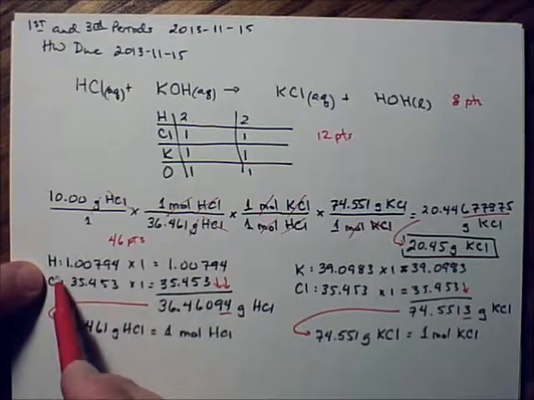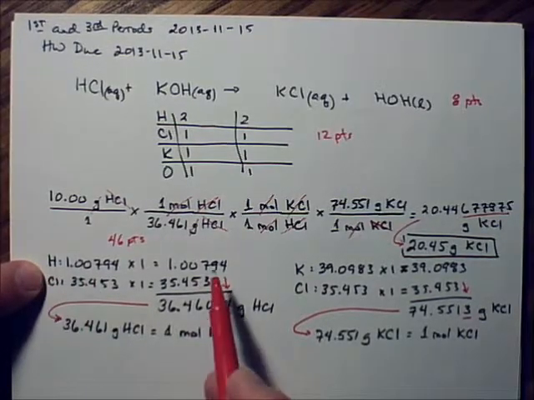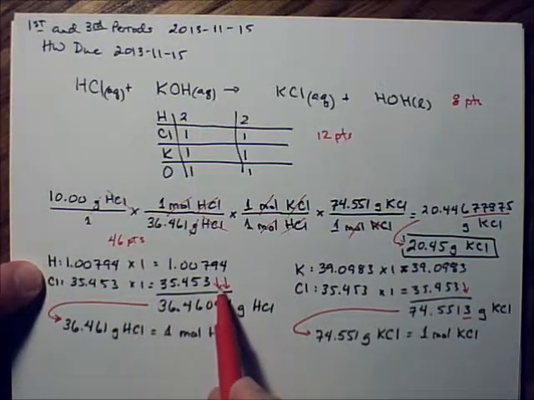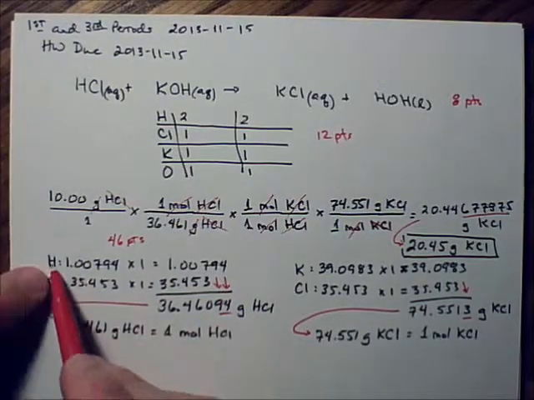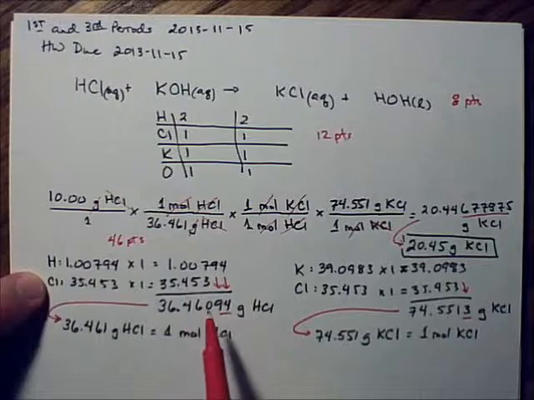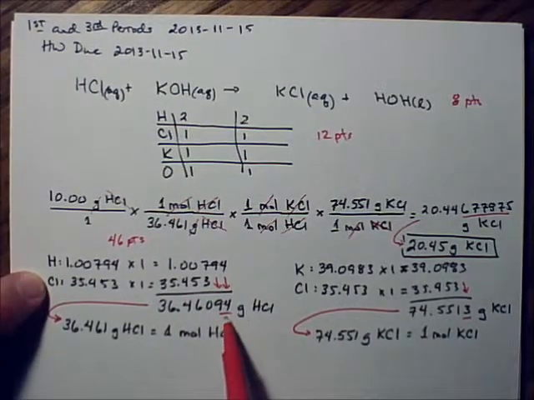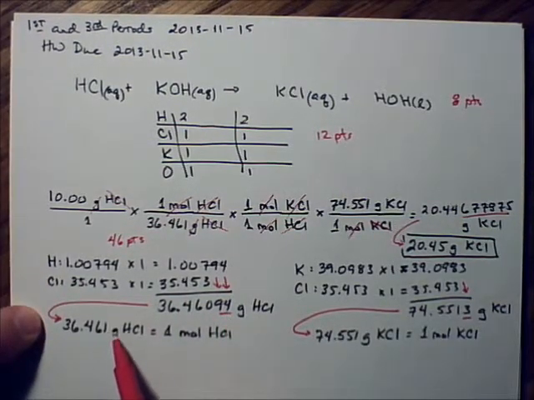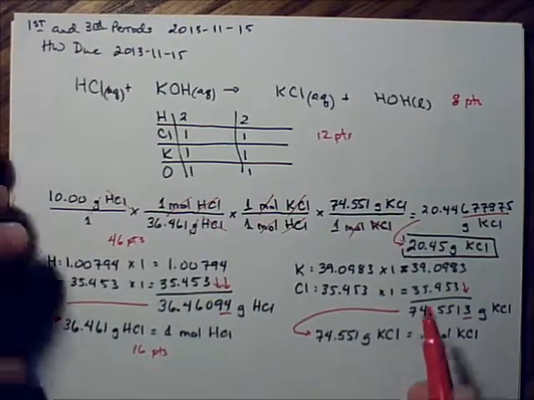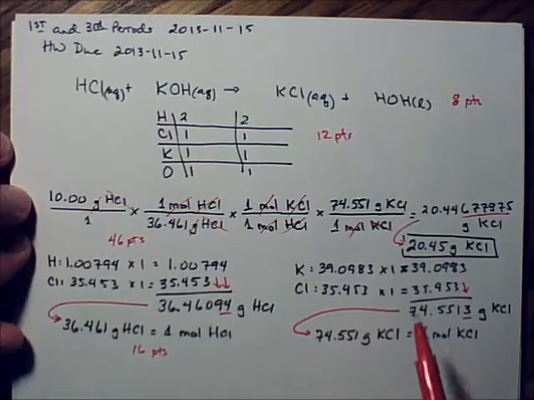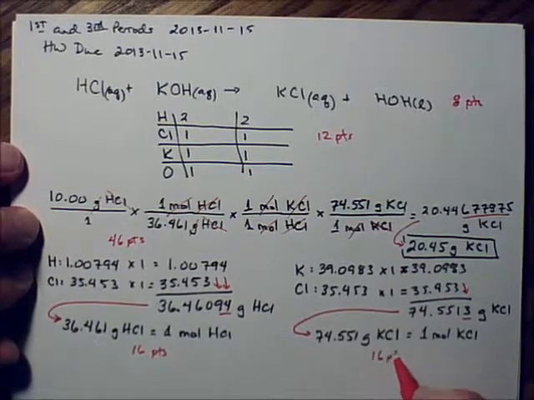So 1, 2, 3, 4, 5, 6. Well, no, because you don't have to do those. Let's see. 1, 2, 3, up to 16. 16 points for this. And it's going to come out to be the same here because there's no numbers here to multiply by, so we'll get 16 points for both of these, okay?